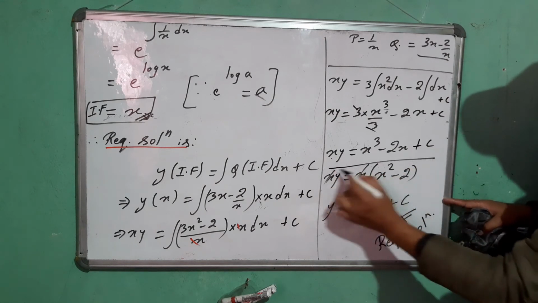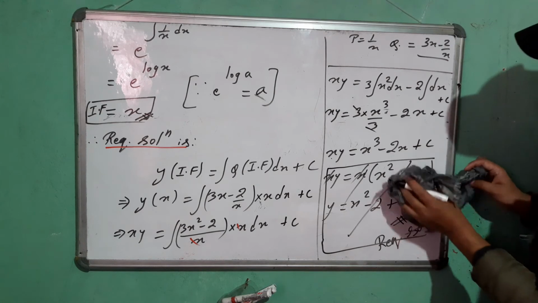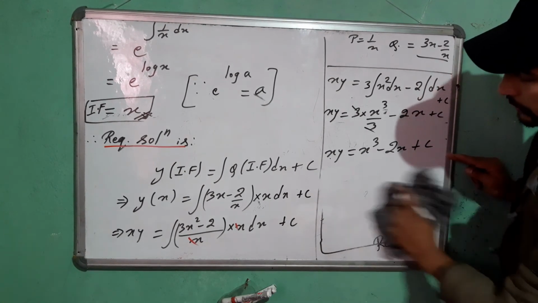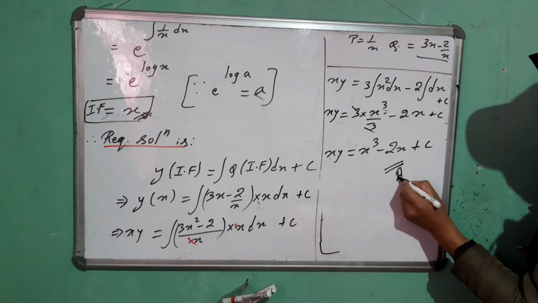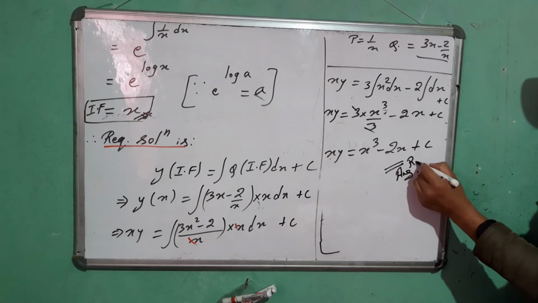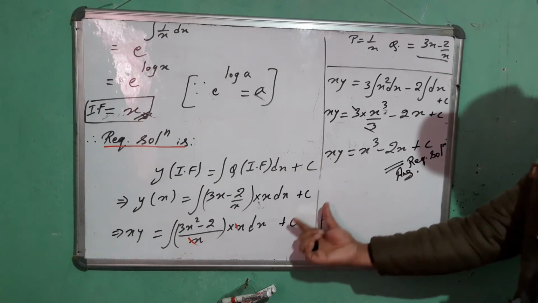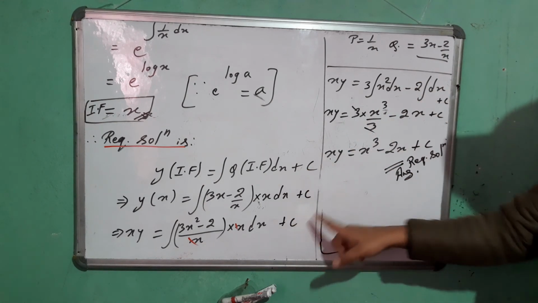This part you cannot do, and the final solution will be this only. You can leave your answer here as the required solution. In your book you will find this type of solution. C will be kept continuously.